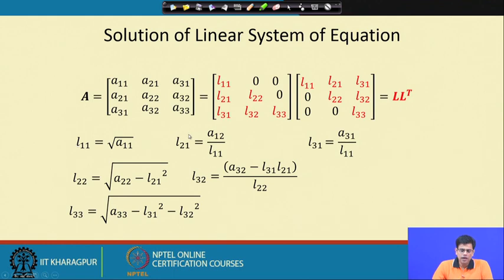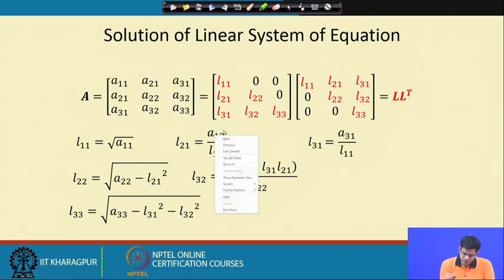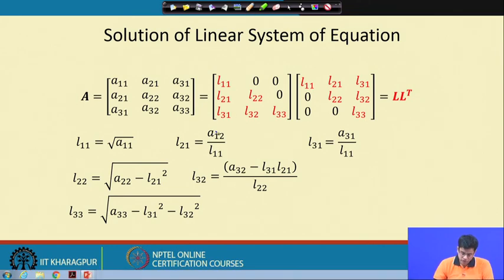Similarly, if I want to compute L21, which is sequential, once you find L11, then A12, because this is a symmetric matrix, has to be L21 times L11. So, L21 can be found by dividing A21 by L11.